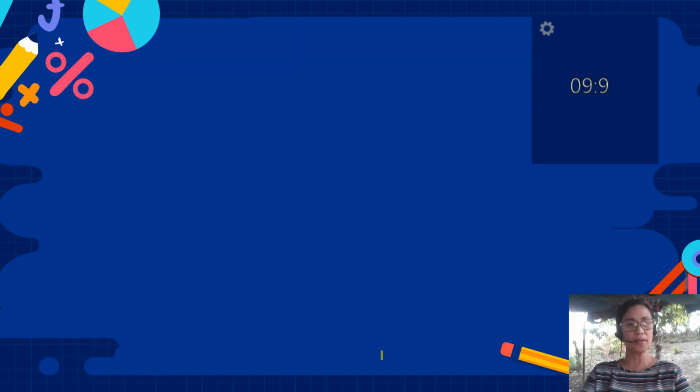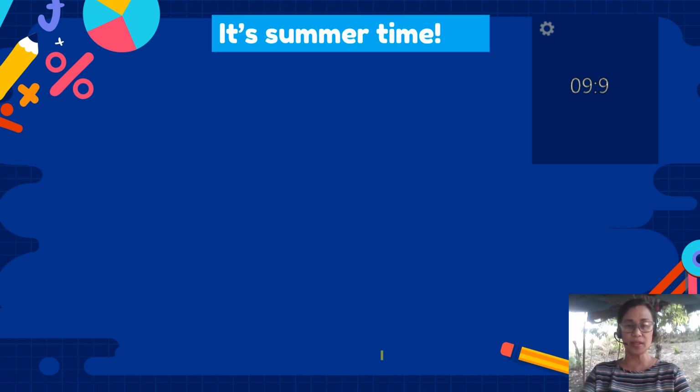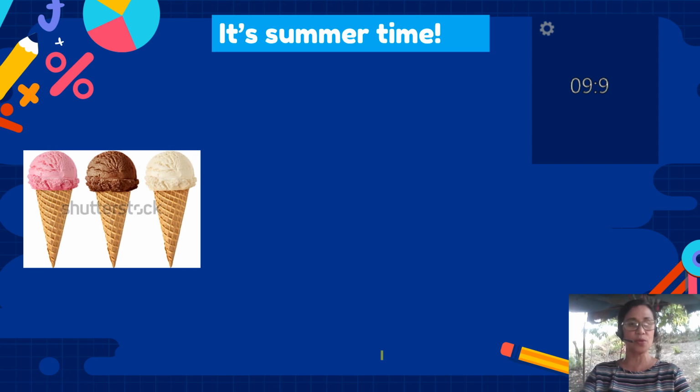Here's another example that best illustrates a combination. During summertime, there's a promo of regular ice cream of strawberry, chocolate, and vanilla, and you get it for buy one, take one. Meaning you buy one flavor and get another flavor for free. So how many possible choices are there?